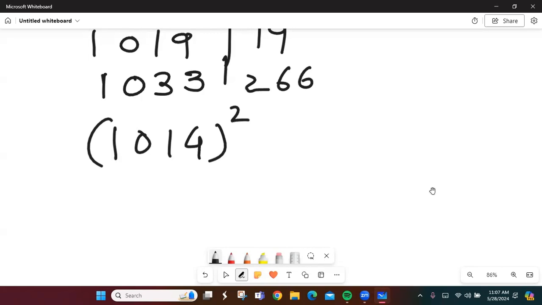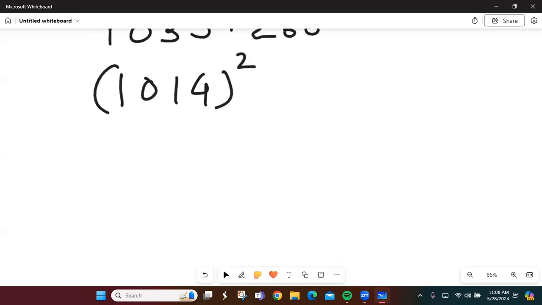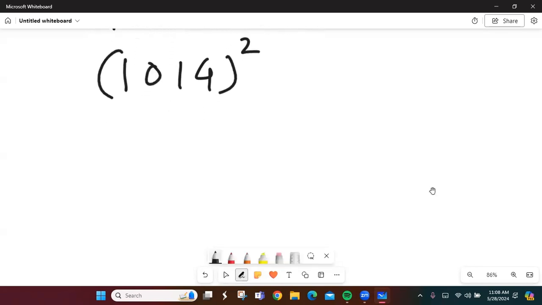Otherwise, afterwards, as we'll see, we'll use some non-standard bases to do this multiplication. Today's class, I'm only taking the numbers which are very close to the base. So 1014 square I want to find out. So again, I will write 1014 and 1014.